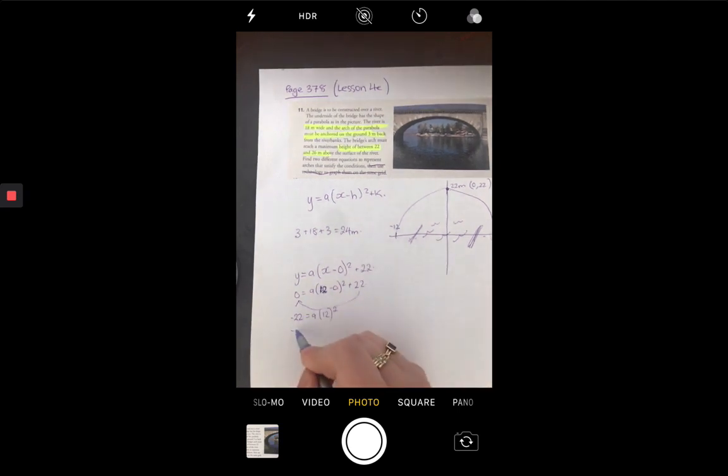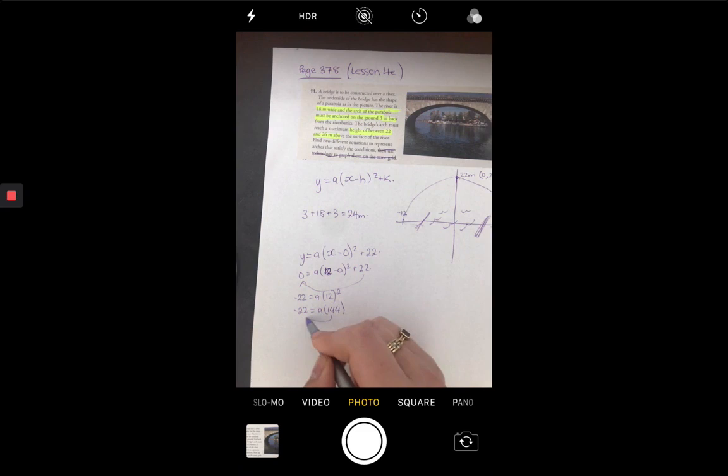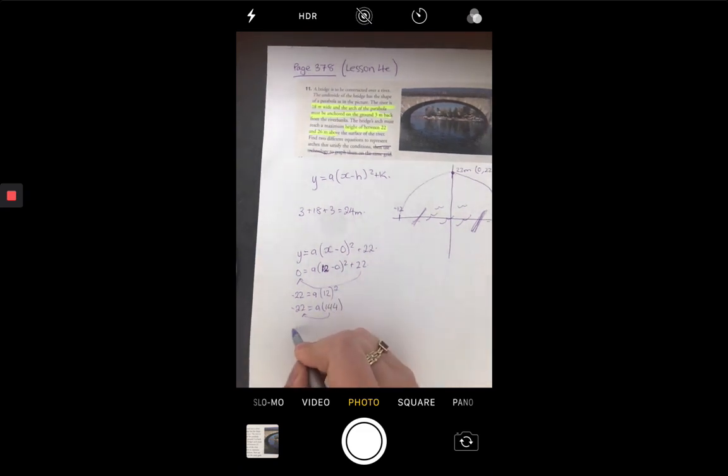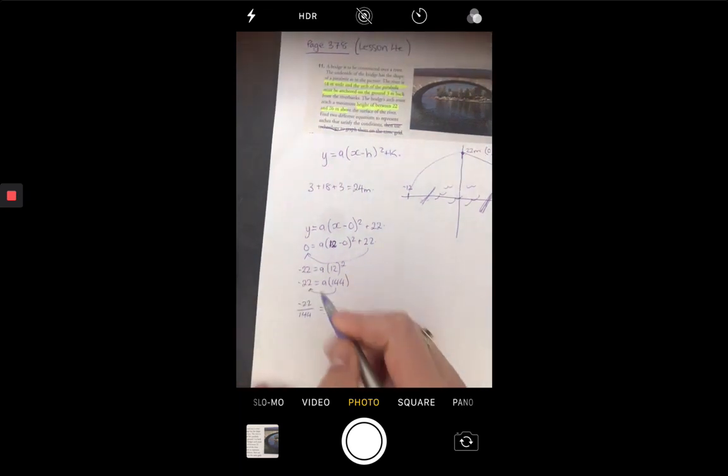I'm going to work that out, and then I'm going to bring that to the other side. And I can simplify this. So a is equal to negative 11 over 72.